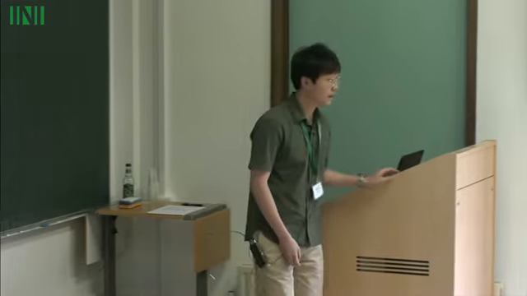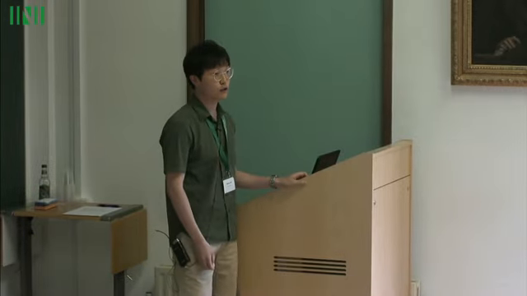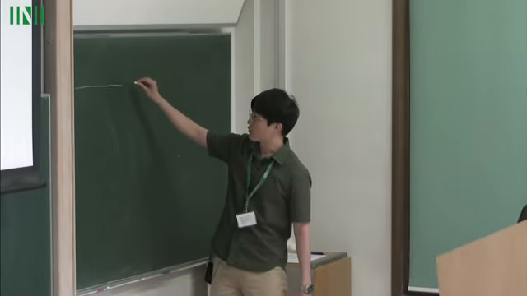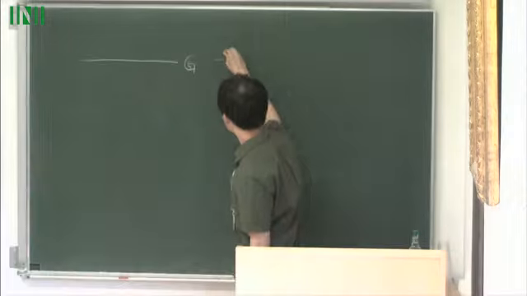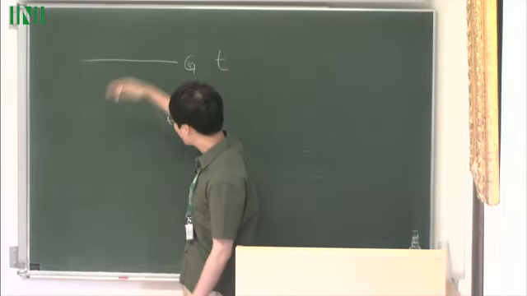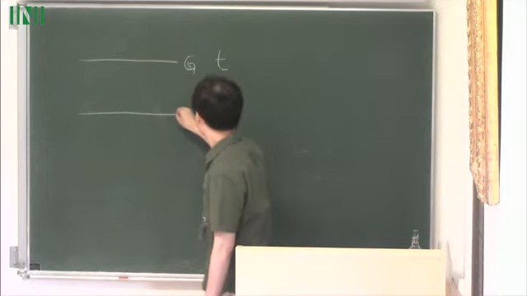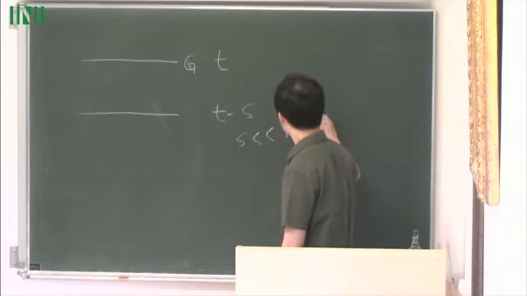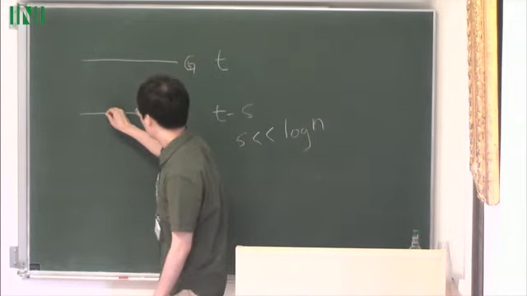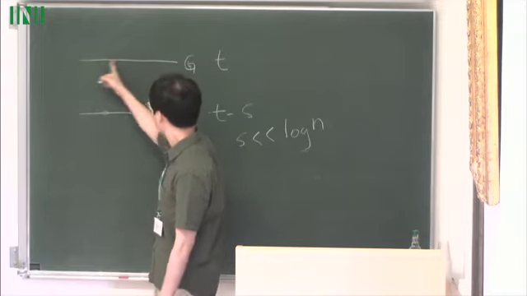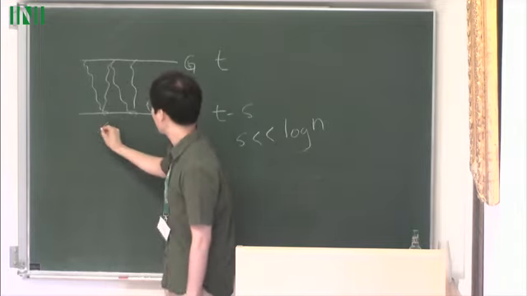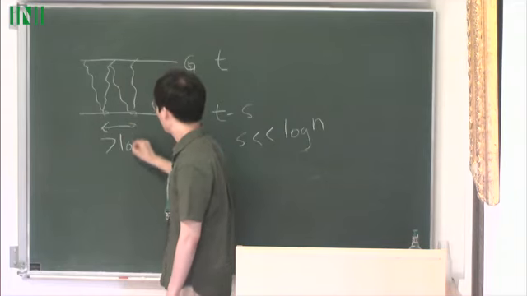Just roughly, what was the argument for separating log? Oh yeah. So to just say a few words, let's say we have this graph at some terminal time t, and then we reveal it backwards, and at some time t minus s, where s is strictly smaller than log n, we see that the vertices that actually have an effect at this stage are sparse enough so that they are separated by more than log fifth n.